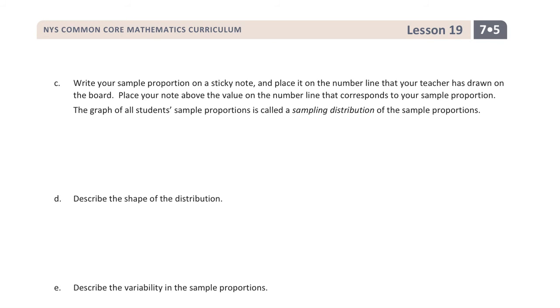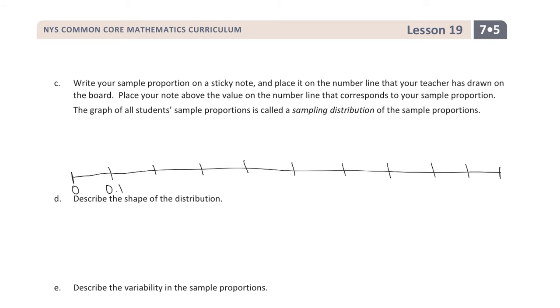So we are going to create a number line here, and we want to leave as much room as we can. I'm going to have it go from 0 to 1. Okay, so I have 0, and then I'm going to have 1/10, 2/10, 3/10, 4/10, 5/10, 6/10, 7/10, 8/10, 9/10, and then 1.